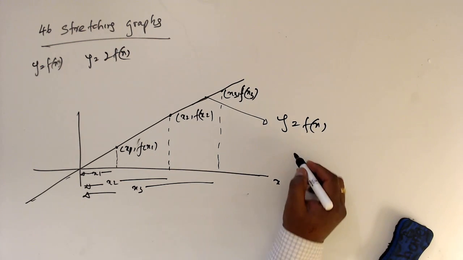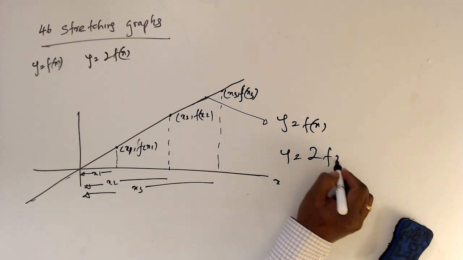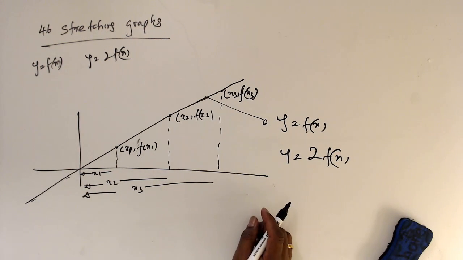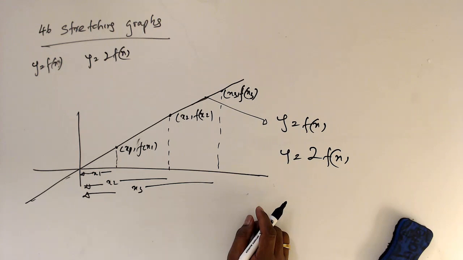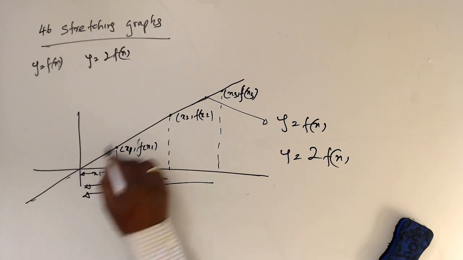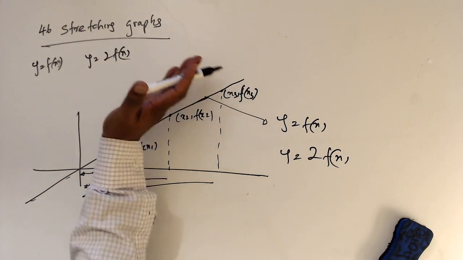Now I want to draw the y = 2f(x) curve. What kind of changes do I have to do for this line?